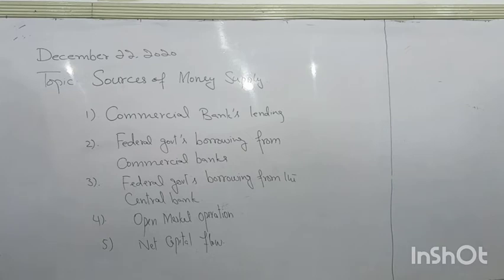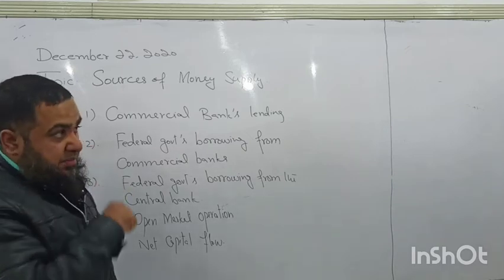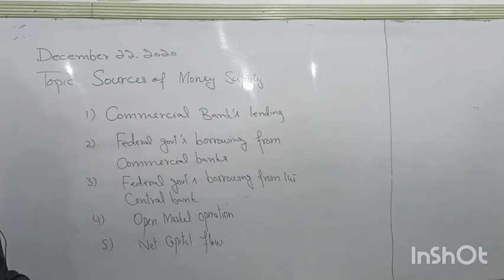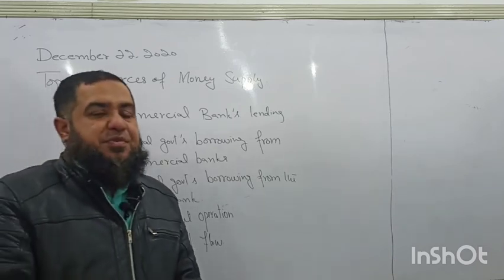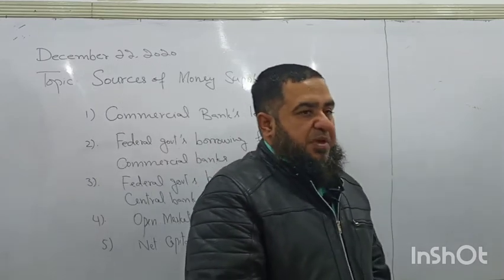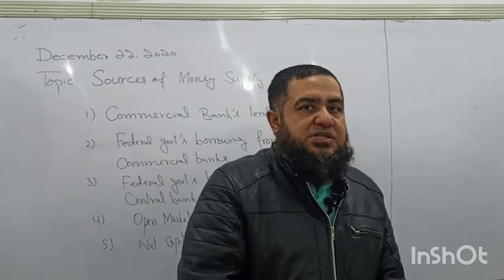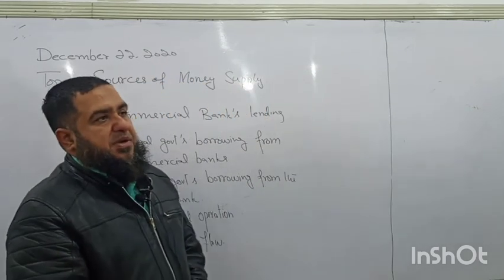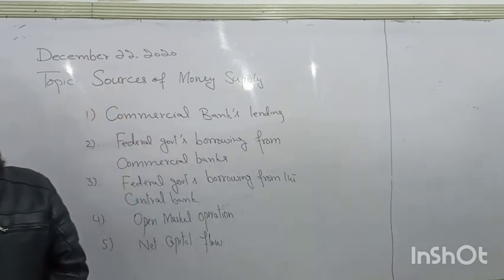How can we define a commercial bank? First of all, make sure you have noted down that these are the 5 sources of money supply. A commercial bank is one that accepts deposits from the people and extends loans to other people, like borrowers and lenders.